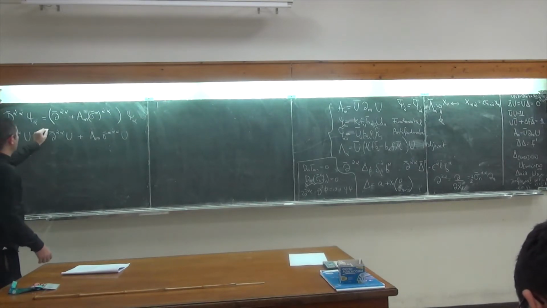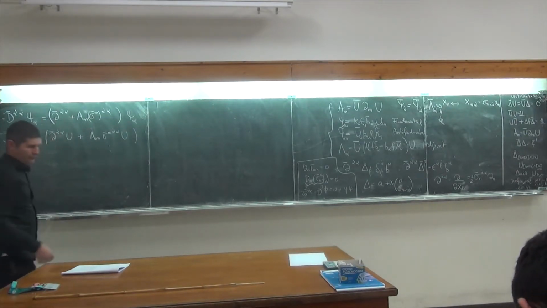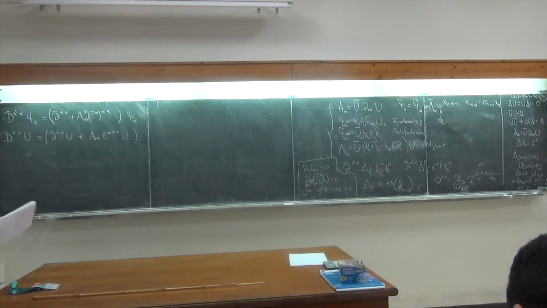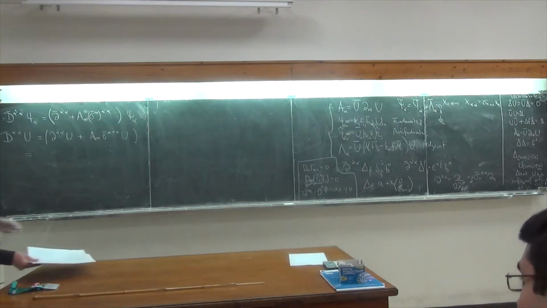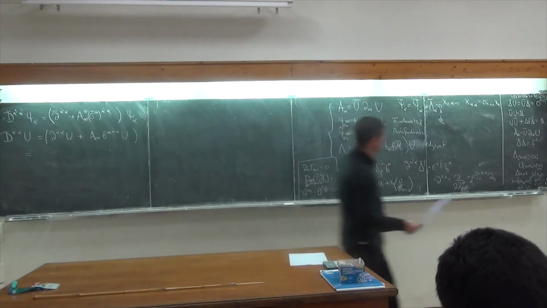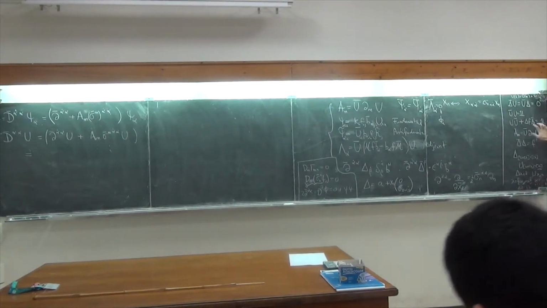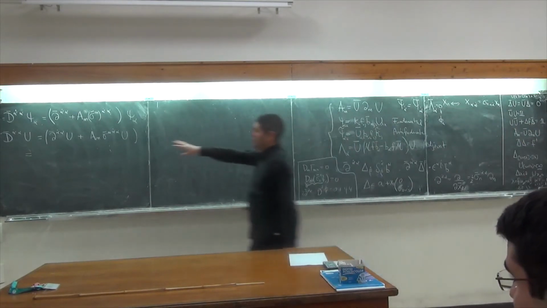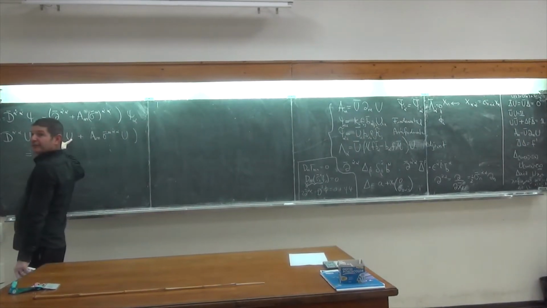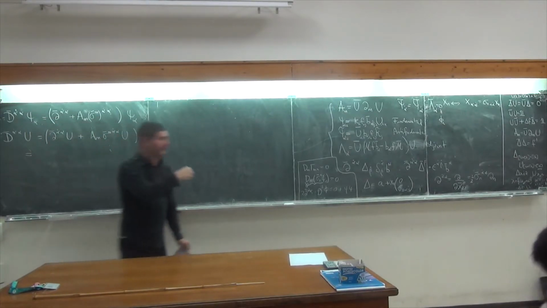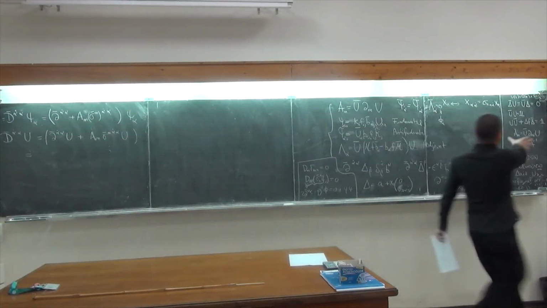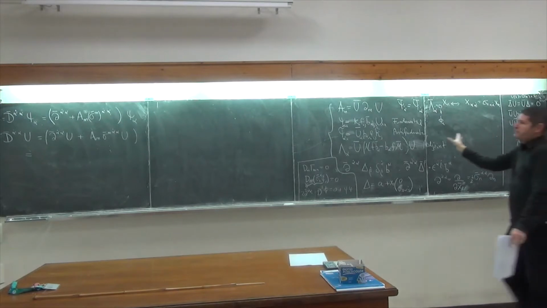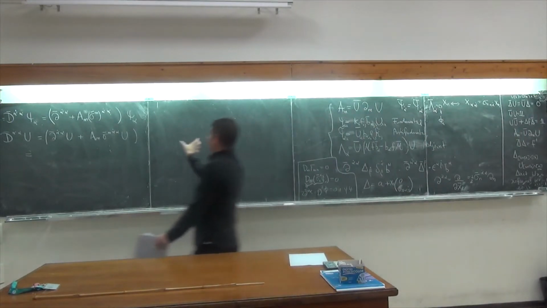Okay, now what I do here is, as usual, I want to use this identity. The question is, every time I have a derivative acting on u, I don't know what this is. But I know what it is in delta. Therefore, I take this identity, and I put it here somewhere.